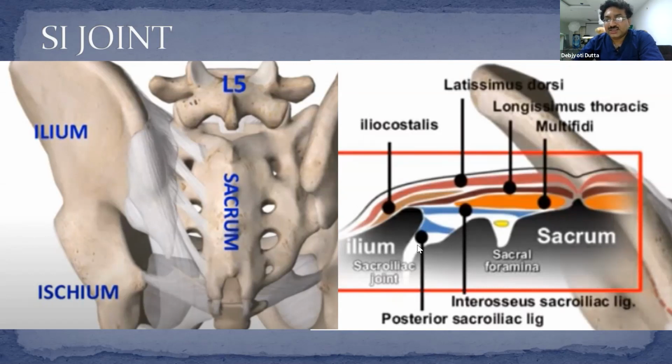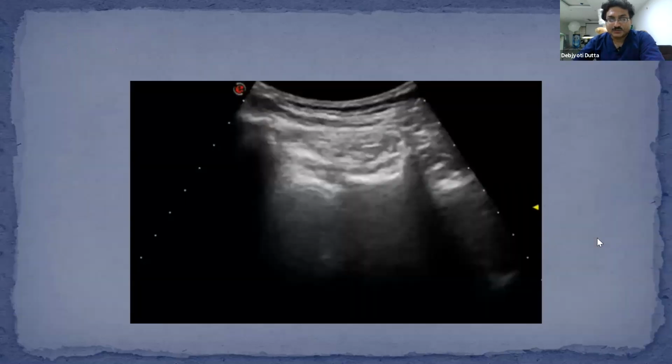It is not only the intra-articular injection, but periarticular injection also has evidence for sacroiliac arthropathy. So what we commonly do, we inject some amount of drug inside the sacroiliac joint, then we come out here, and then we give some amount of periarticular injection, and then we remove our needle.